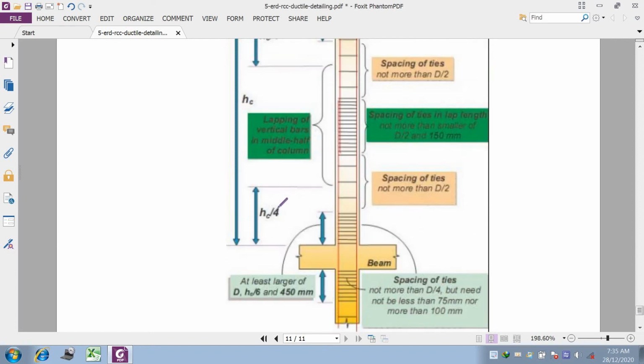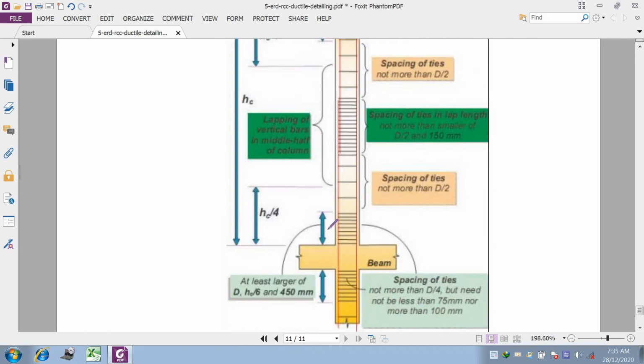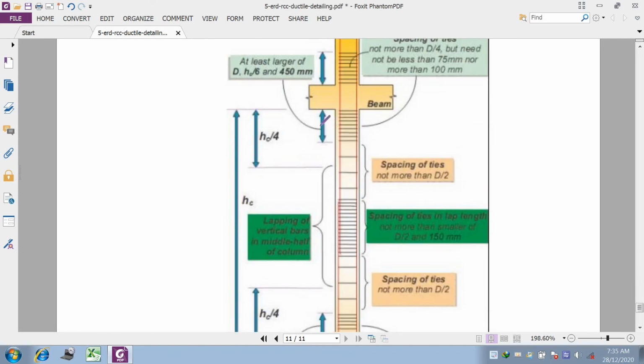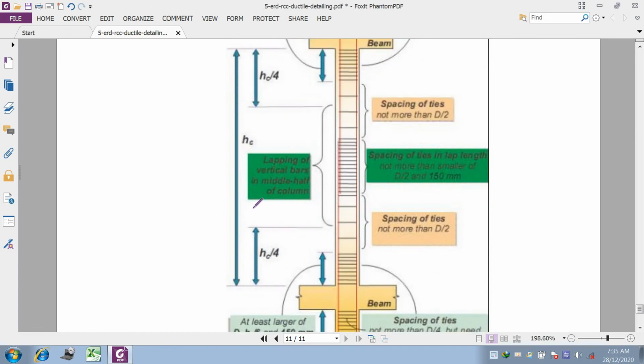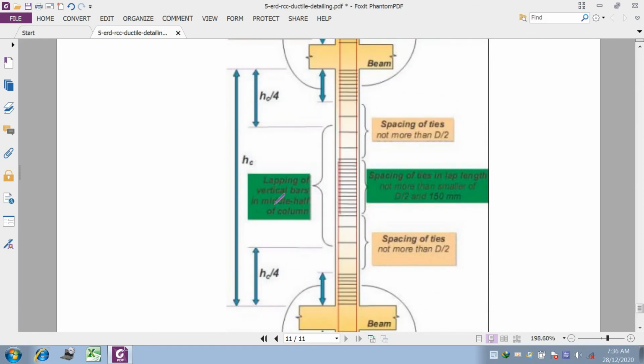So the HC formula is there. HC is the center to center distance between the two beams, or you can say the outer to inner distance between the two beams. Then lateral ties with vertical bars are provided in the middle half of the column. Then the spacing of the tie in the lapping length should not be more than the smaller of D by 2.